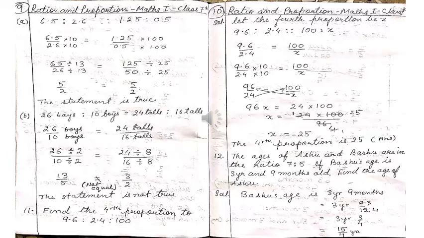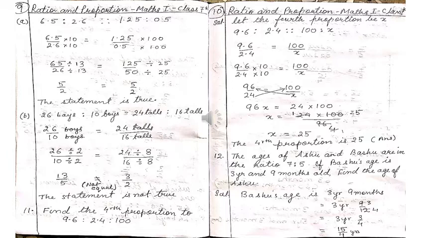So here 65 upon 26 it turns, and over there 125 upon 50 it becomes. Now simplify it to make it in a simpler form, and after doing this it is coming 5 upon 2, and over there it is 5 upon 2, which means that the statement is true, they both are same.